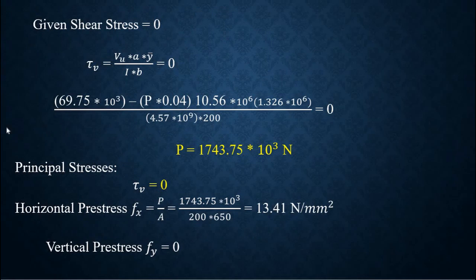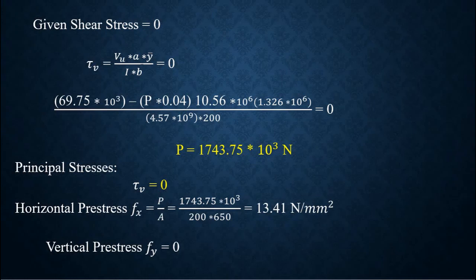And in the question itself, they have given a statement that shear stress is 0. For shear stress, the formula is 2V is equal to VU into A into Y bar by I into B. Because of this shear stress condition, I am just equating 2V as 0.